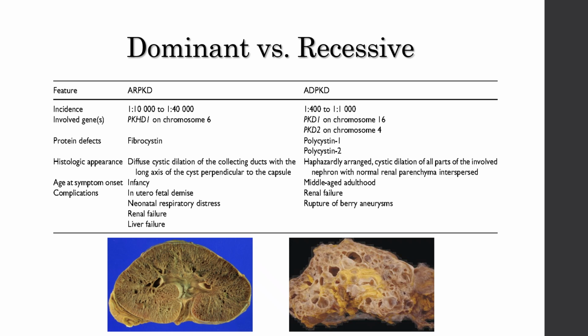Classic complications include progressive renal failure, hypertension, and the fun bonus feature, berry aneurysms, because apparently PKD felt the need to multitask. Okay. When grossing these kidneys, orientation matters. You're not just sampling cysts, you're hunting for residual functional tissue, inflammation, hemorrhage, and then secondary changes.